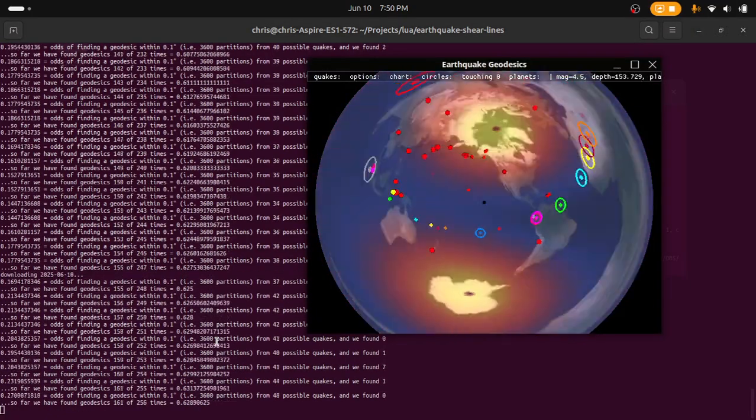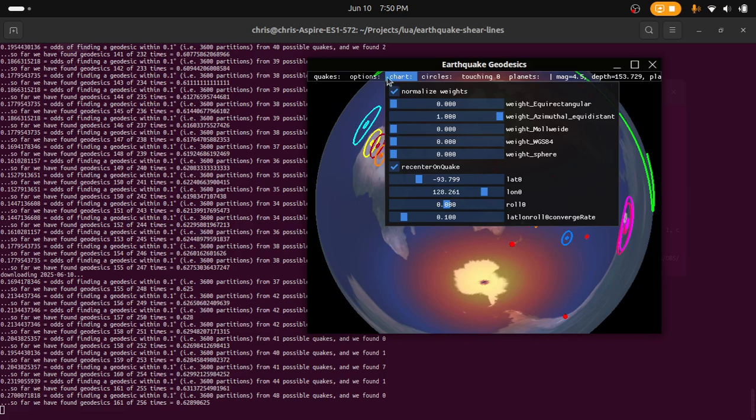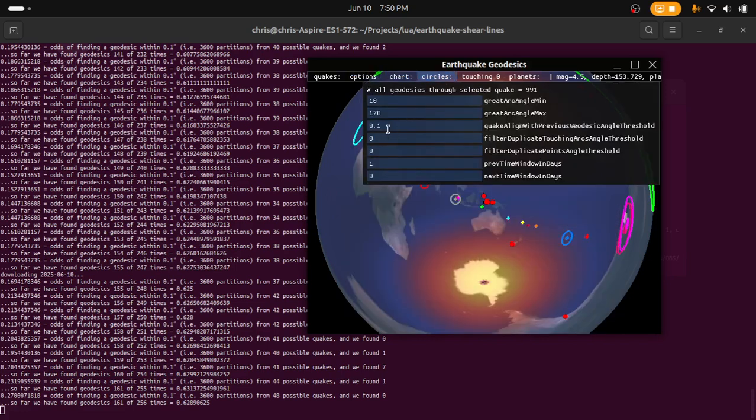All the times before I was saying, wow, every single time within 3 days, there are 3 quakes within 0.1 degrees. Now I'm just looking at 1 day, which is why there are not as many geodesics showing up, but we're still seeing it 60% of the time, converging on.